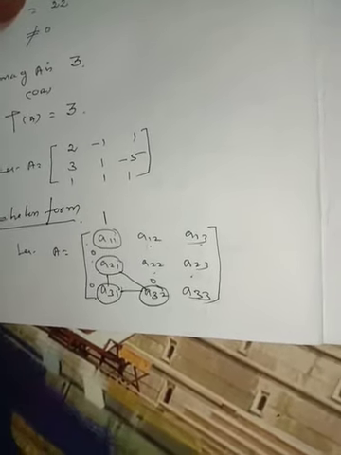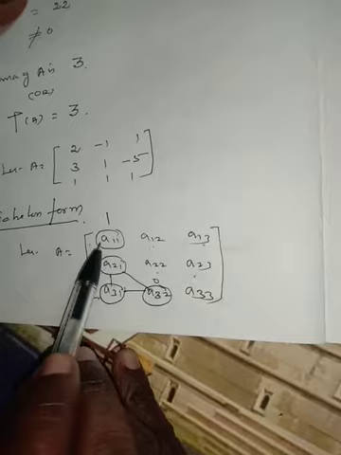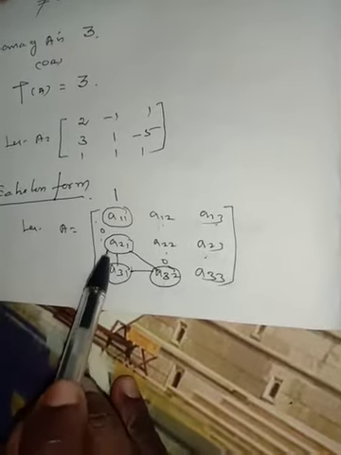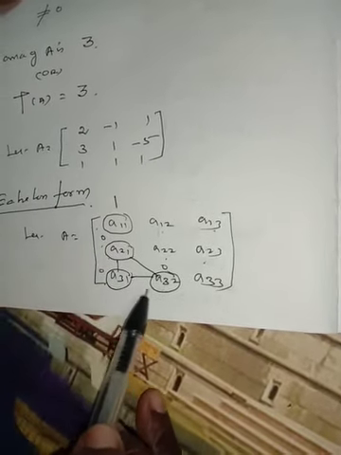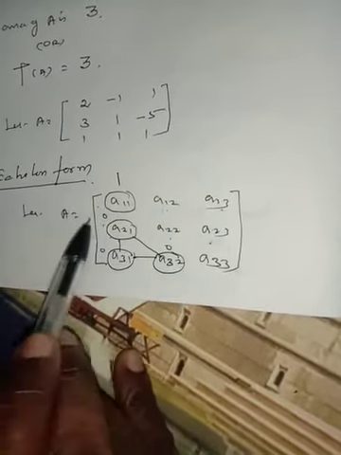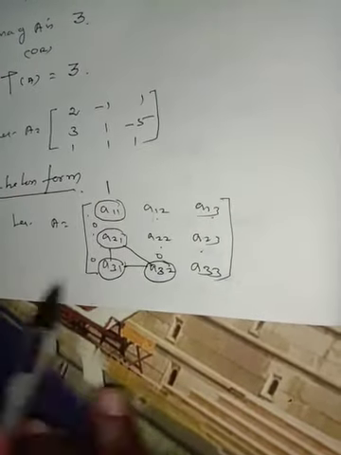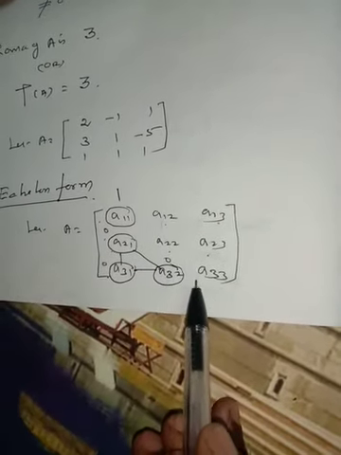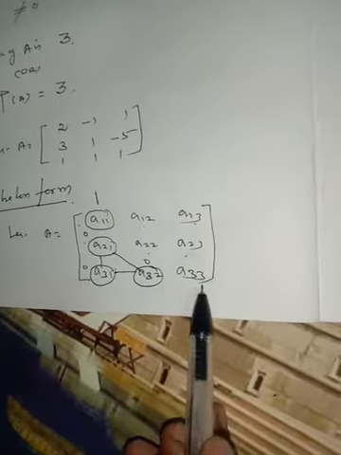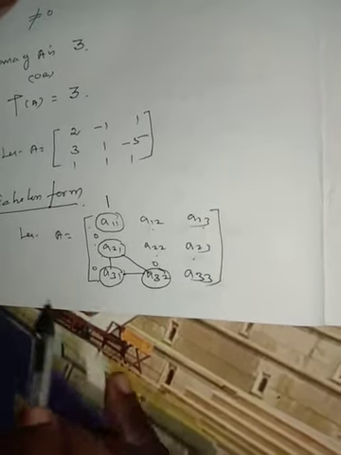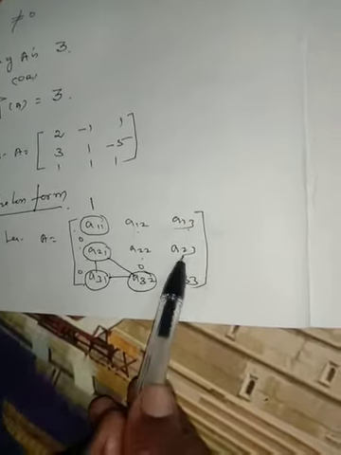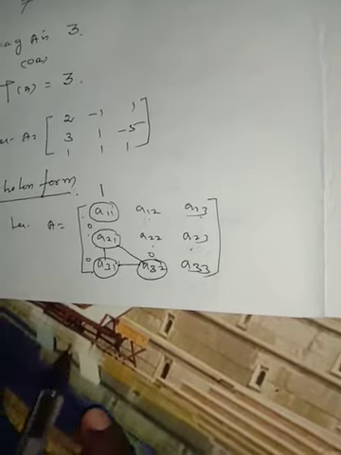So we are going to take the echelon form. First thinking is A11 will be 1. Next thinking is A21, A31 and A32 will be 0. The third point is A33 is equal to 0. Then number of non-zero rows is 2, therefore rank will be 2.